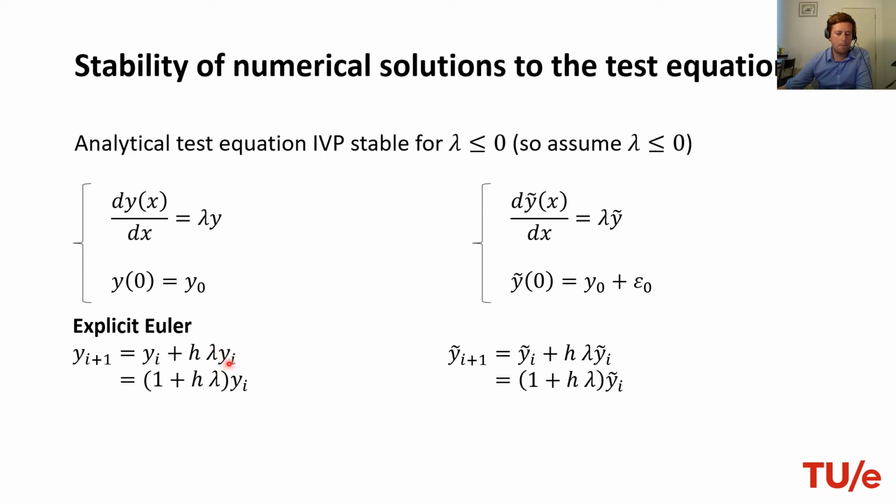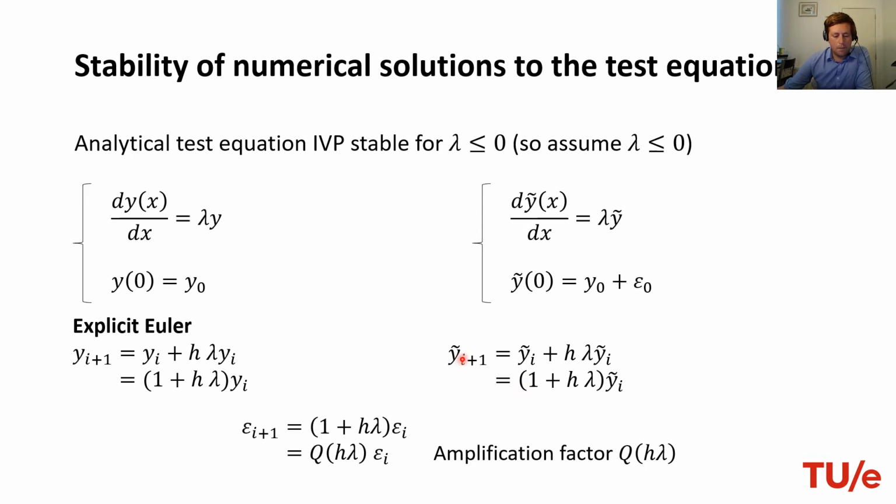So this is lambda times y i, and we can write this as 1 plus h lambda times y i. Similarly, for the perturbed solution, y tilde in step i plus 1 is y tilde in step i times 1 plus h times lambda.